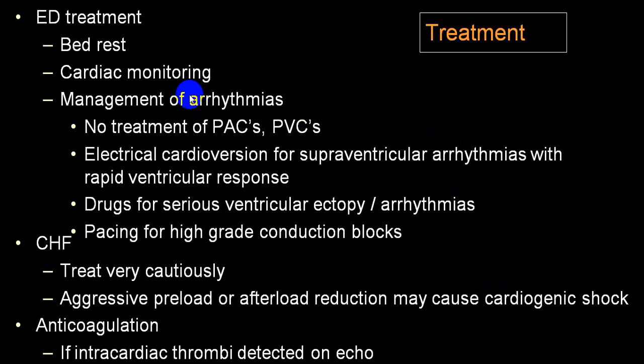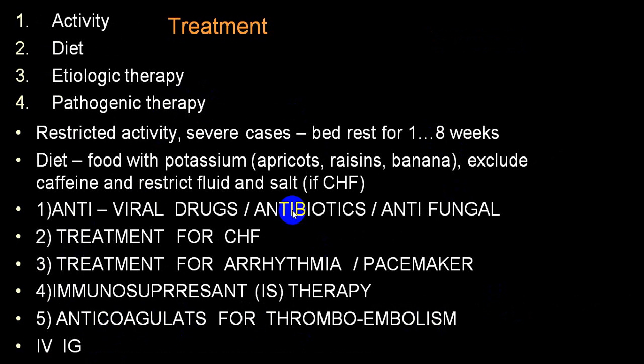Treatment of arrhythmia and of congestive heart failure is the prime, along with prevention of thromboembolism with anticoagulation. Along with that, antiviral drug for viral infection, antibiotic or antifungal depending upon the etiology.